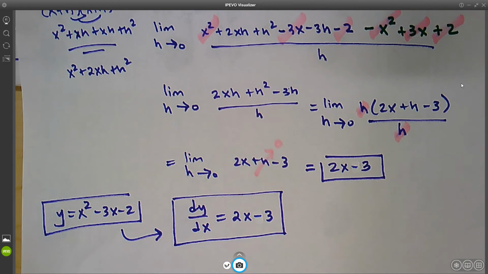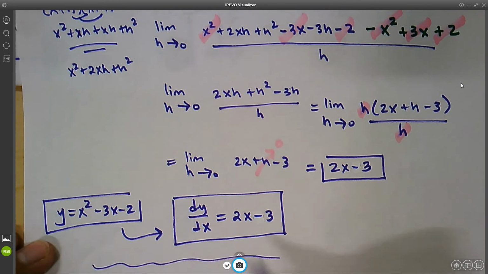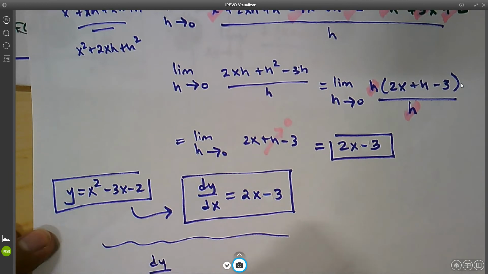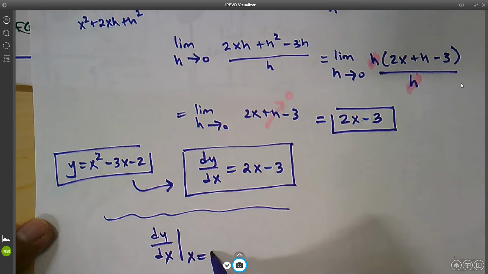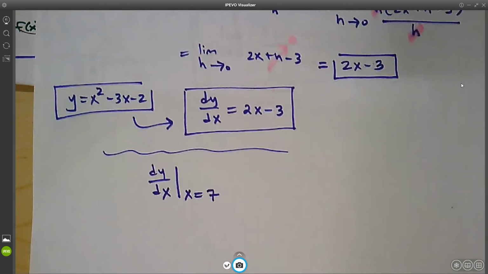So then what follows is usually, if they use the dy dx, they will ask you this way. Now they will say, now that you know that, find dy dx, and it will be a vertical line, it'll say at 7. That will communicate, find the slope at the instance x equals 7.